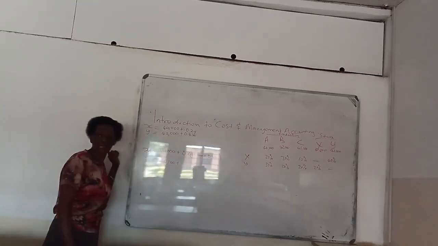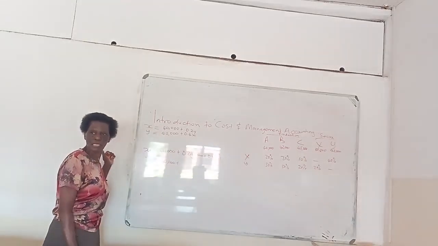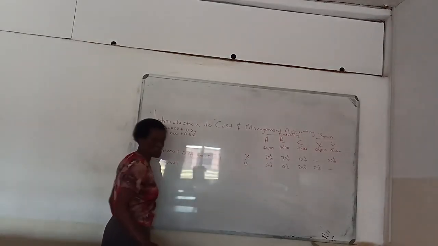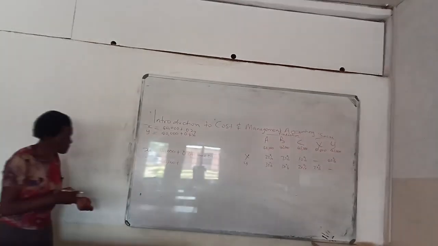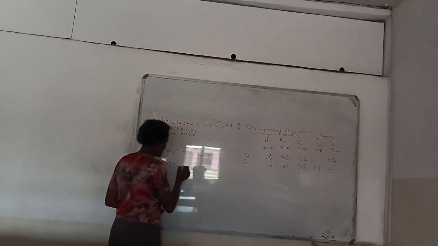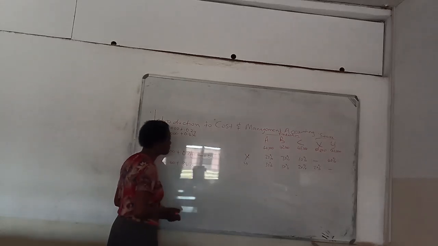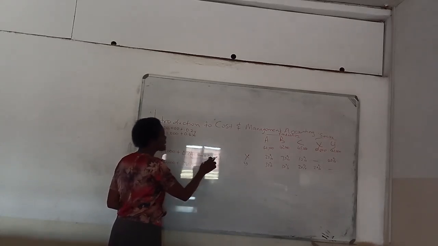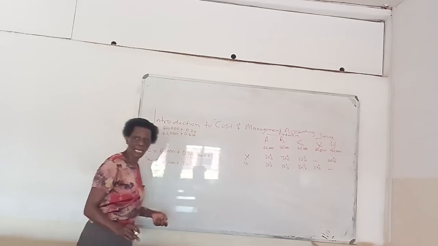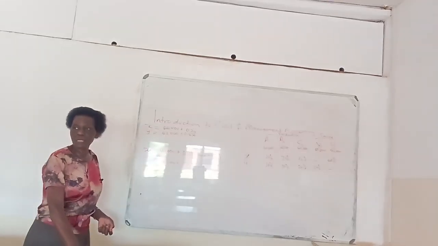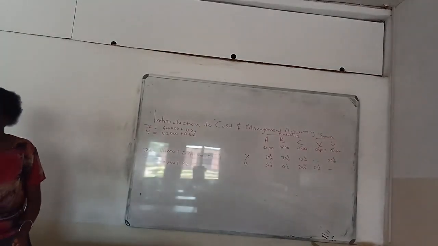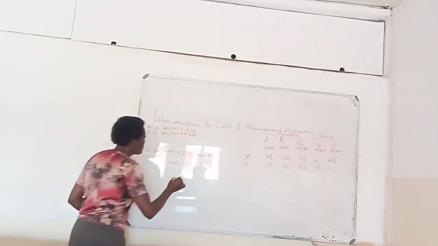0.2 times 42,000, what does that mean? 8,400. We are saying plus 8,400. 0.2 times 0.4x. 0.08.